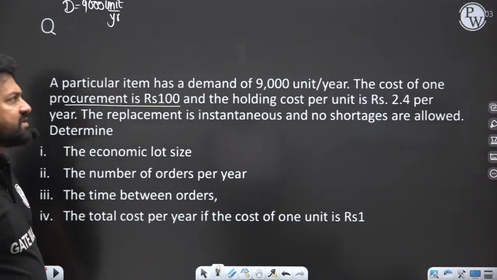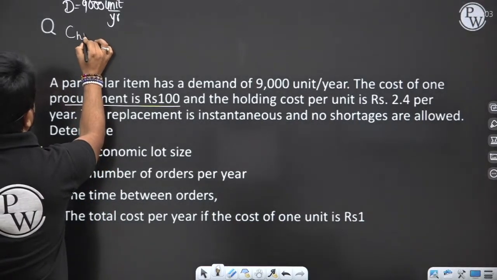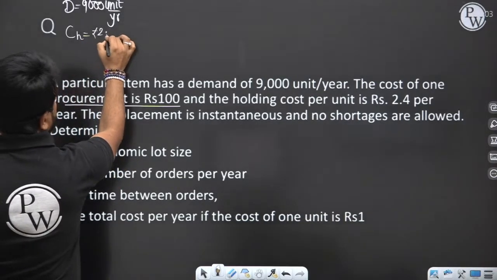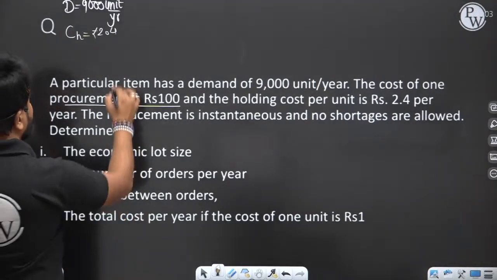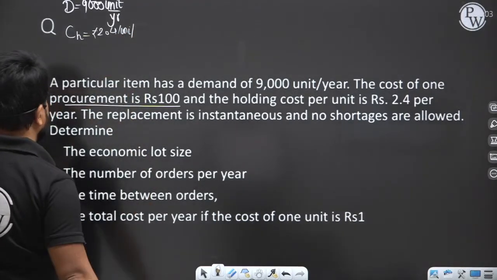And your holding cost is rupees 2.4 per unit per year.